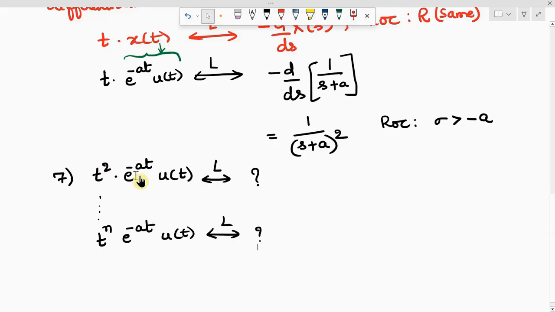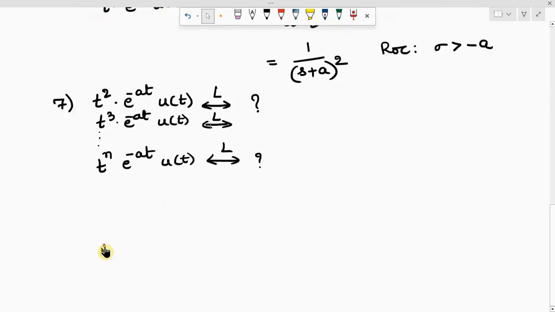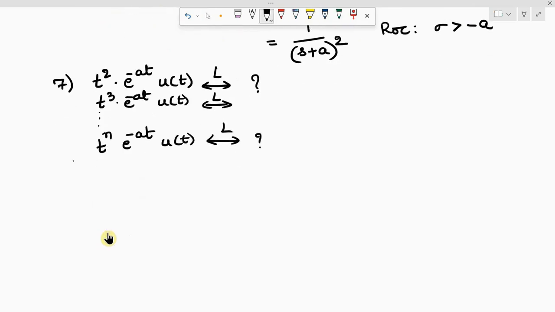Try for t square, and try for t cube also, because unless you go for t cube, you can't generalize it. Then you can write the answer in the generalized form, t power of n e power of minus a t u of t. So this is a task given to you today. We'll proceed to the next problem.